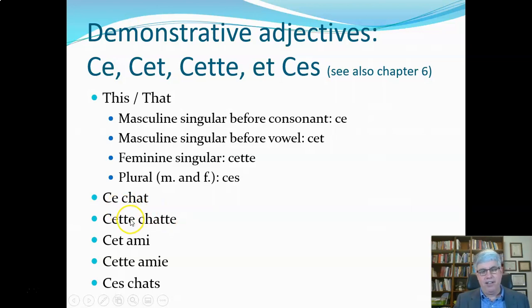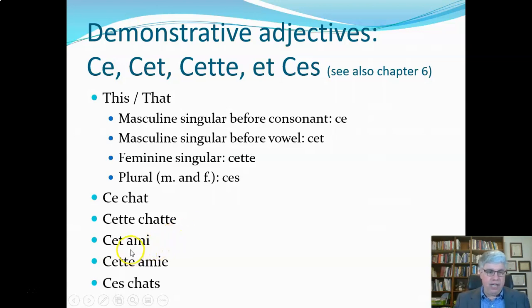You're not going to call it cette chatte unless you know that it's a female cat. So ce chat and cette chatte would both be translated as this cat or that cat.